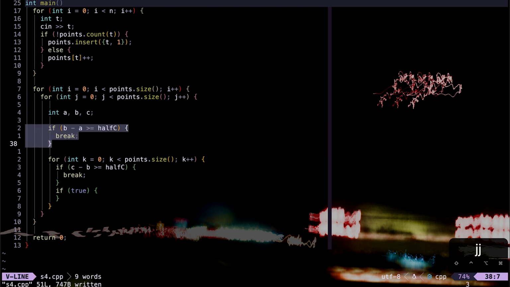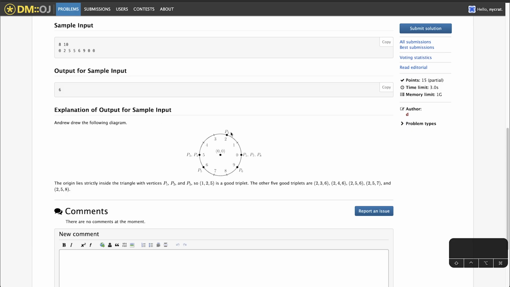Because if we're going to have an ordered map, say strictly increasing, then, wait, yeah, we don't want it to be greater.